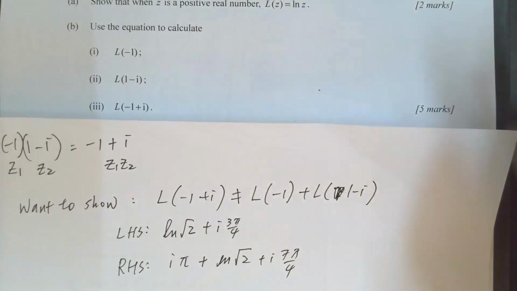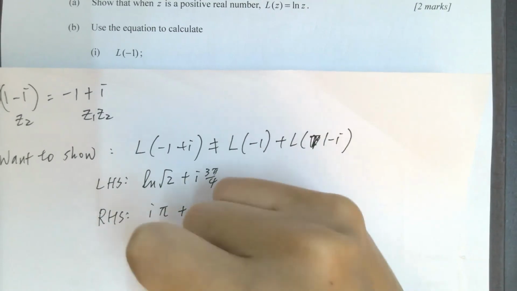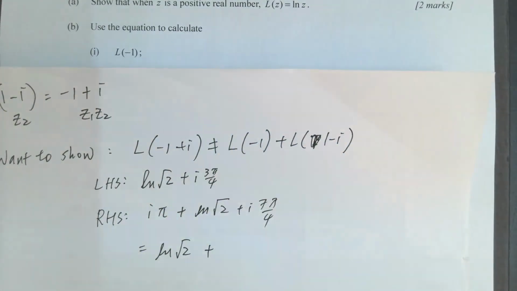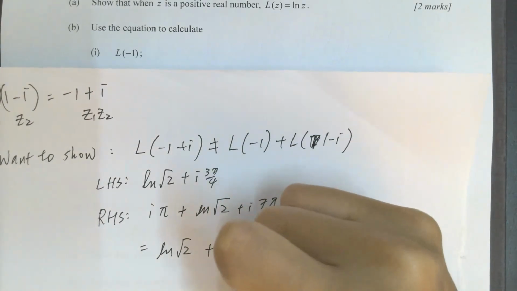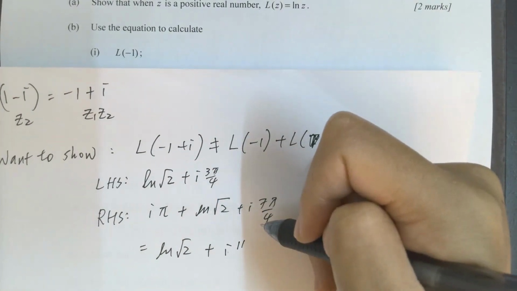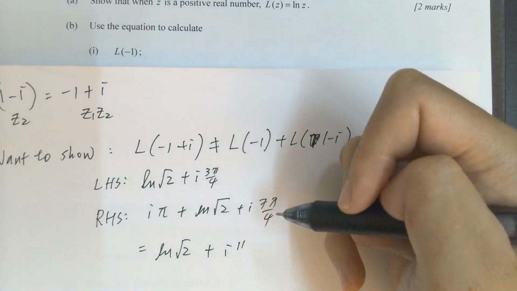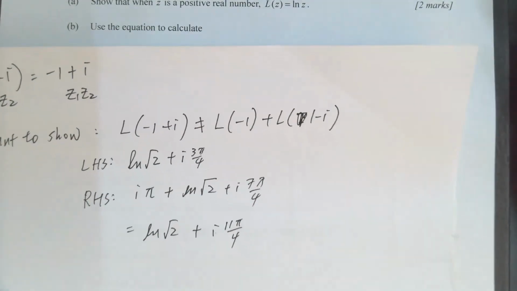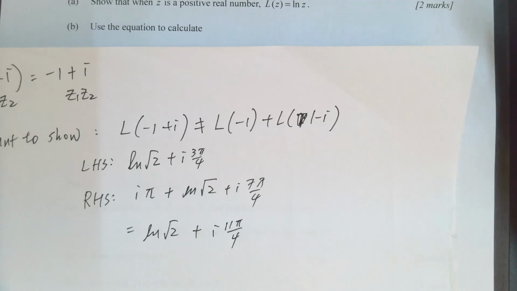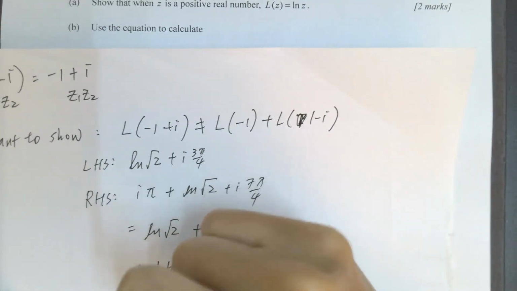So right hand side, we simplify this a little bit, which is equal to ln of square root of 2 plus I of 7 pi over 4 plus 4 pi over 4, I suppose it's 11 pi over 4, right? Oh, and what a pity. These two are not equal, right hand side is not equal to left hand side, okay?